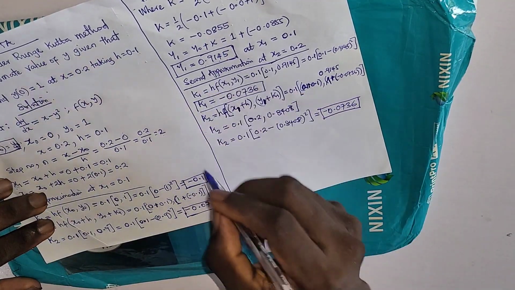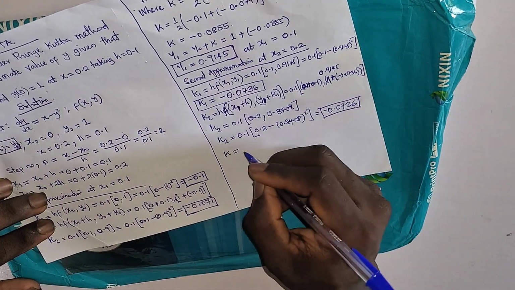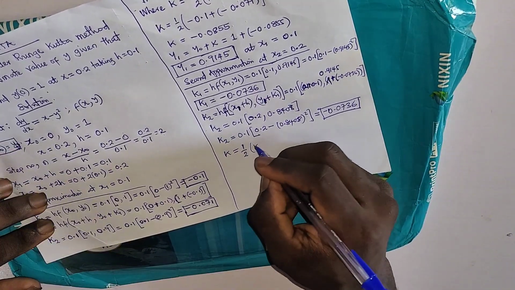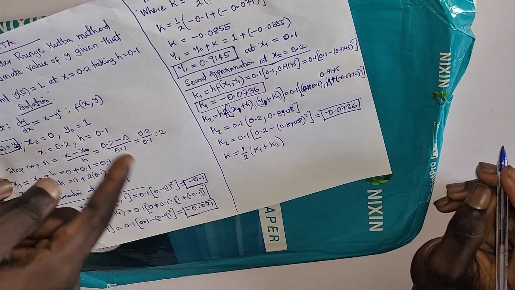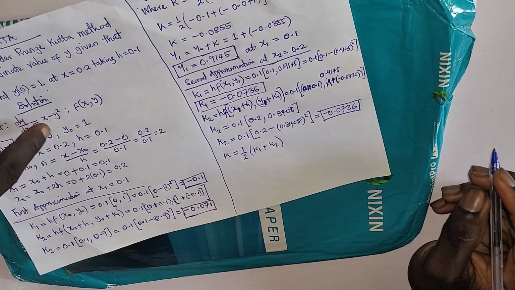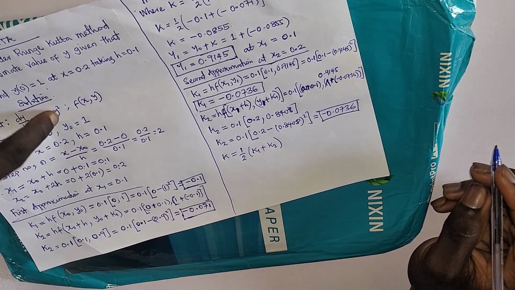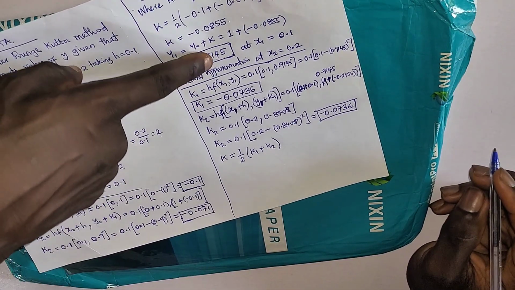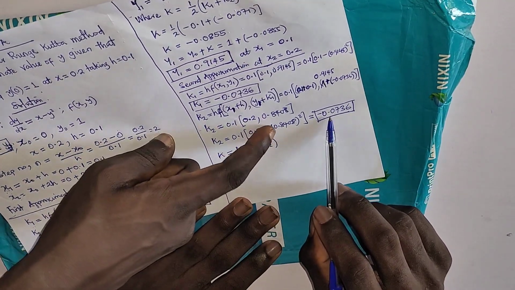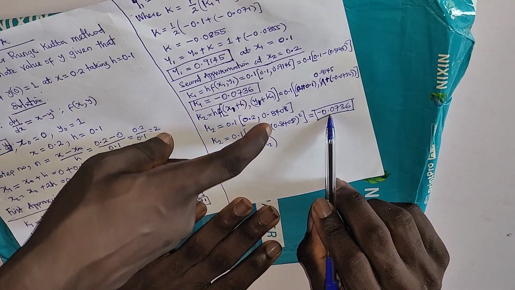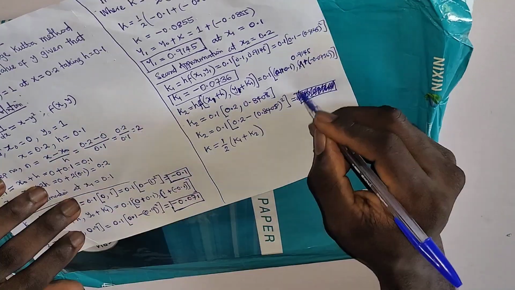Then remember that K is equal to 1 over 2 (K1 plus K2). Sorry, sir, from these equations, it is y raised to power 2. Is this y not the same thing as y1 here? Okay, I think there is another mix-up here. Please confirm this value with your calculator for me.